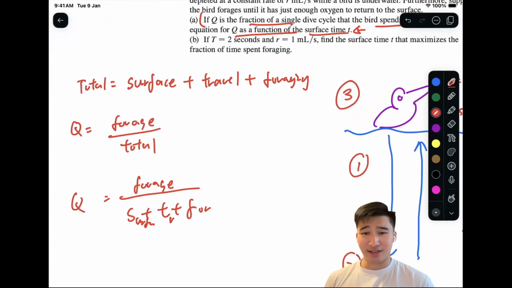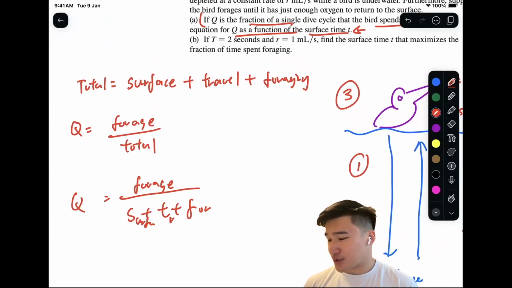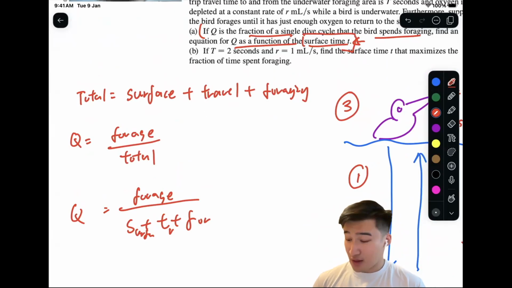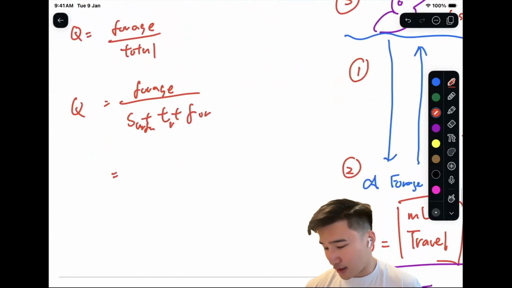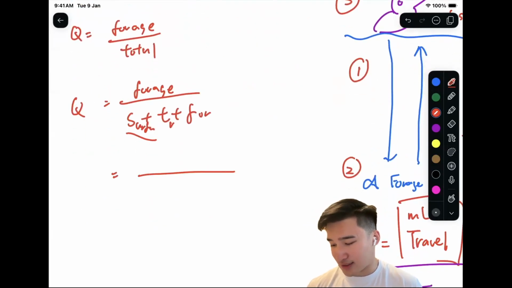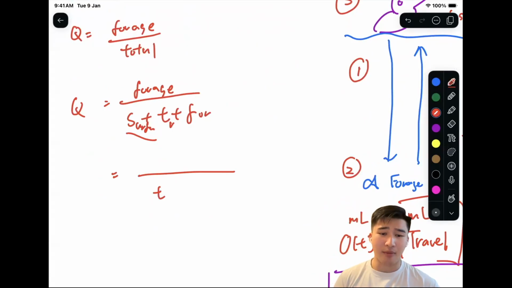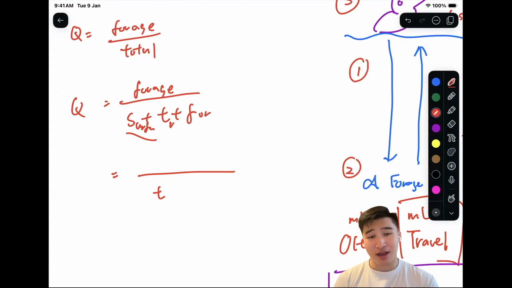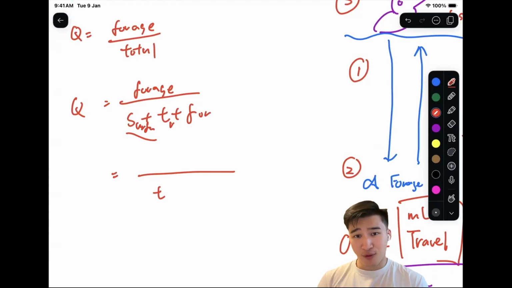But to really display this, okay, number one, we have a hint here. It's a function of surface time T. So we know that the surface here we have to write as T instead because it's time. And so for the entire fraction, we can actually also use time as a fraction because we want to know the portion, the fraction of time that the bird spends on foraging.